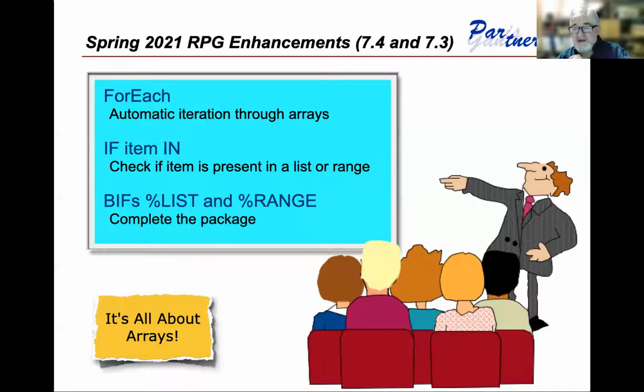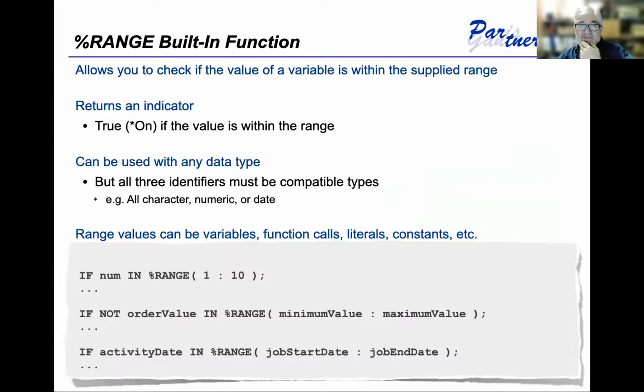It allows you to just say, is this value in this range? And %list, which is a way of generating basically a temporary array. That doesn't sound useful, does it, when you first say it? But I think when you see how it's used, it makes much more sense. So let's talk about range first.